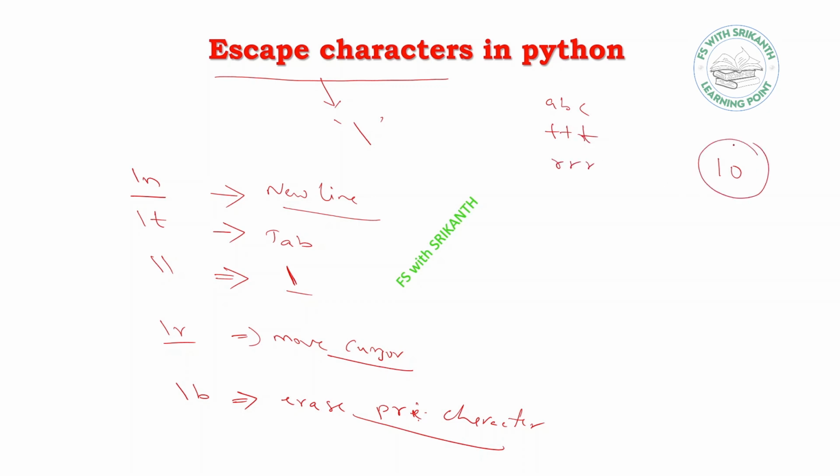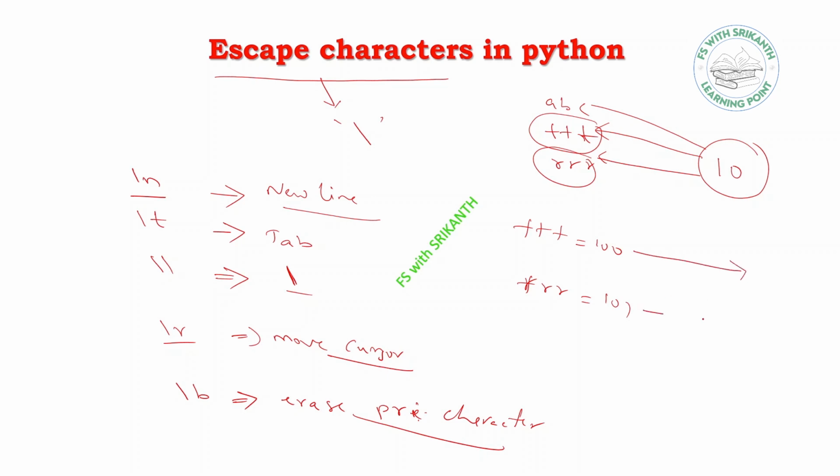Memory is assigned only one time, and this reference is shared to these 3 variables. When I change TTT to 100 and RRR to 101, suppose, then this memory mapping will be different. And when I change them back, they will again be forwarded to this same memory.